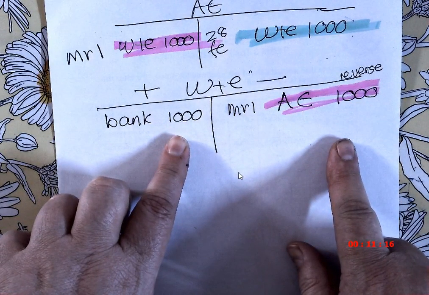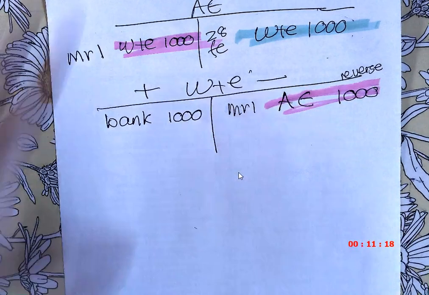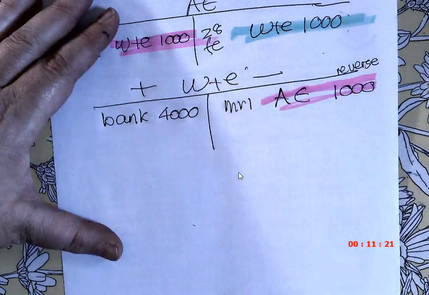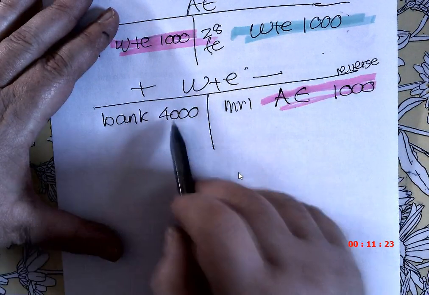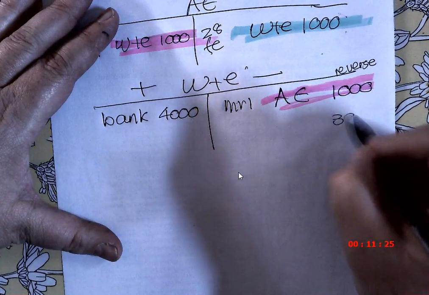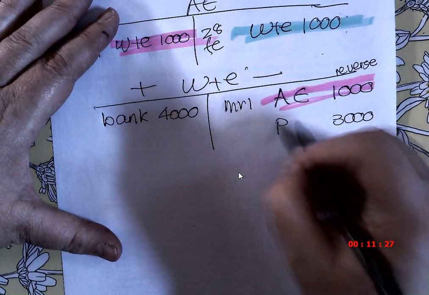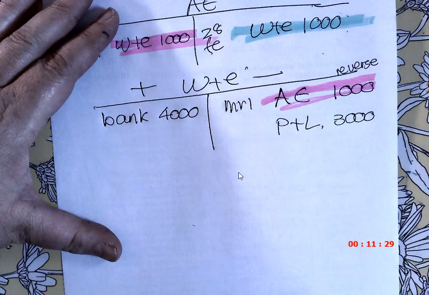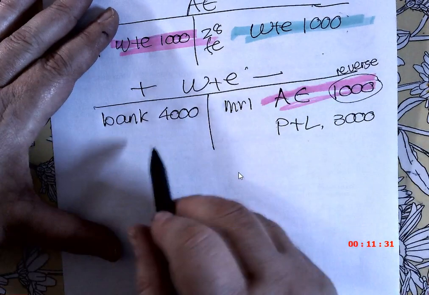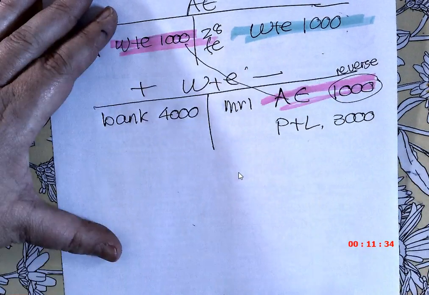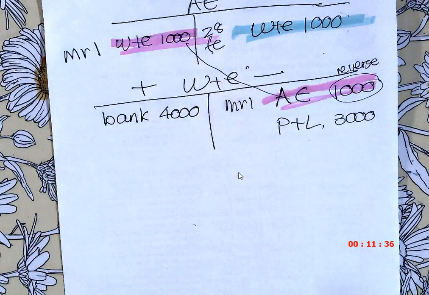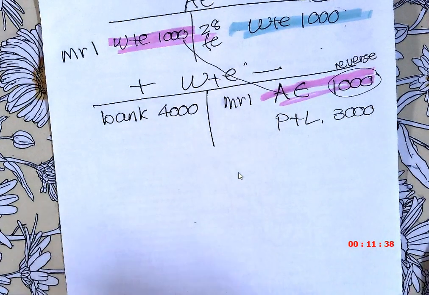So you have to reverse it because let's say I paid 4,000. Can you see only 3,000 will be part of this year's expense. The other 1,000 that we paid was the expense for last year that I paid in this year. Okay. Must I repeat what I said? Yes.